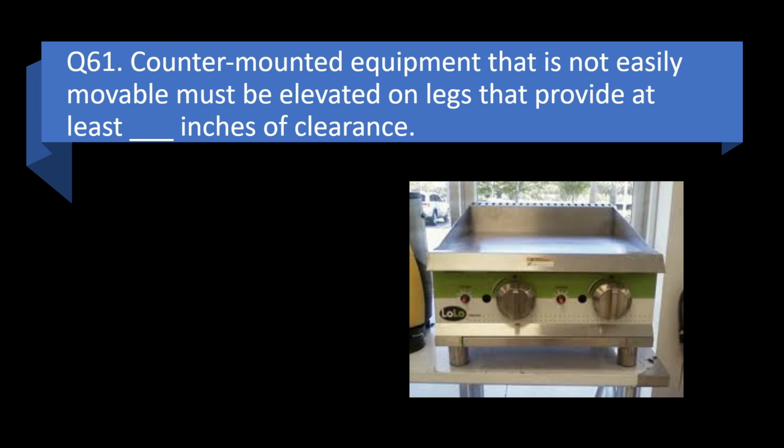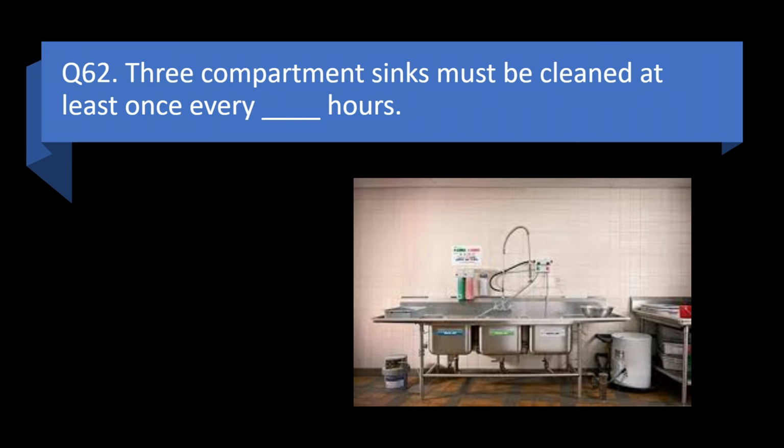Question 61. Counter-mounted equipment that is not easily movable must be elevated on legs that provide at least blank inches of clearance. 1, 3, 4, or 6. C. 4. Question 62. 3-compartment sinks must be cleaned at least once every blank hours. 4, 12, 24, or 48.